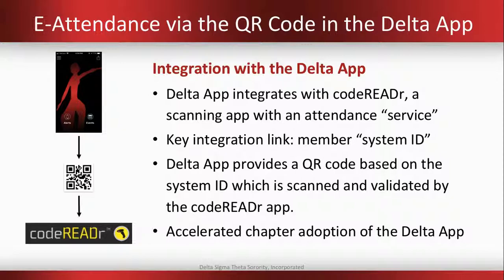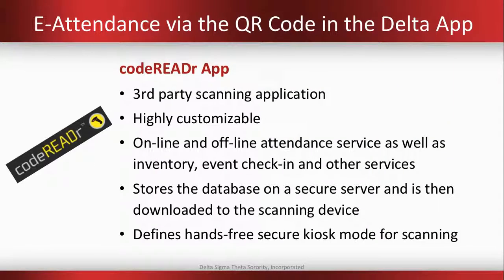Now, if we recall, we use the Delta app, and the Delta app provides a QR code that is based on the system ID, a member system ID, which is scanned and validated by the CodeREADr app. And the CodeREADr app, as we said, is a highly customizable third-party scanning application that we use.